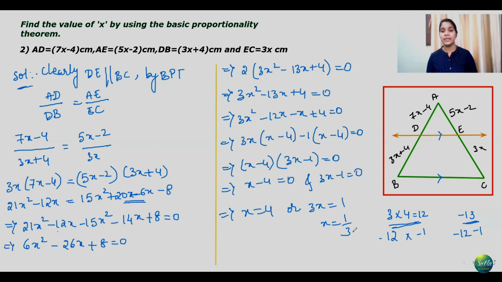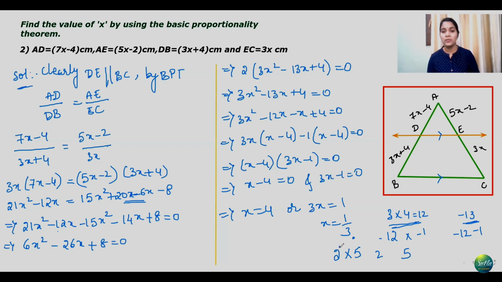But clearly 1 by 3 is a non-terminating decimal value. So we cannot take the measurement of any side as a non-terminating decimal. Either it can be a terminating decimal, but it cannot be a non-terminating decimal. So how can we decide whether it is terminating or non-terminating? If the denominator is not expressed as a product of powers of 2 or 5, or simply 2 or simply 5.